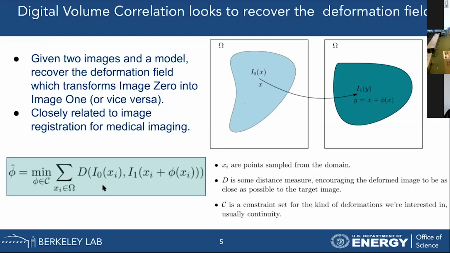And to recover that, we pose an optimization problem. We would like to find some deformation field which carries I0 to I1, such that it satisfies some loss function, as well as some constraints. You don't want to just assign this in any which way. You'd ideally like this deformation field to be smooth, and you'd like the distance measure to encourage these two images to be as close together as possible.